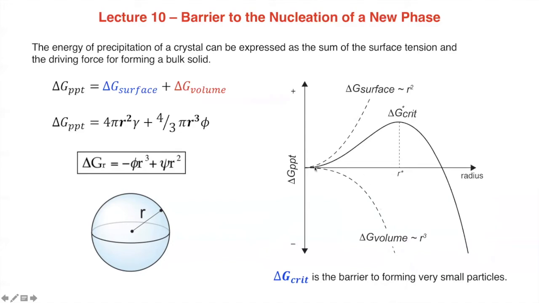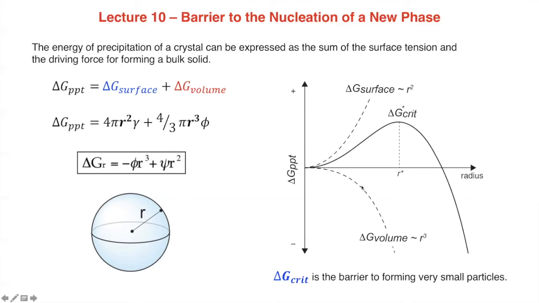And the sum of those two at early times, you'll see that this curve is dominated by the surface. So for very small crystallites where the surface area is very high compared to the volume, the delta G for forming that little crystallite is defined by surface area. And then the bigger the crystal gets, the less surface is important compared to bulk, and this term begins to take over.